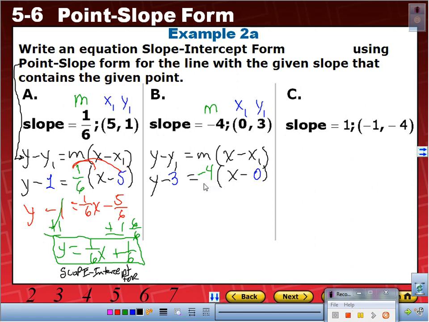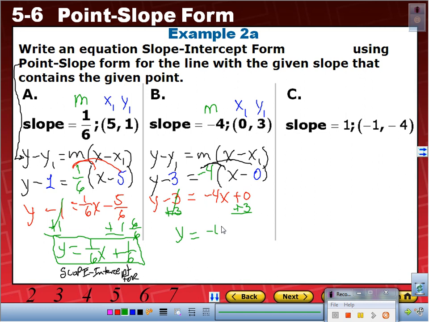Now that we substituted our information, we solve for y. Let's distribute that negative 4 into each term. So negative 4 times x is negative 4x. Negative 4 times 0, that's what? 0. 0 plus 0 equals. Bring down the y minus 3. Are we done solving for y? No, we need to add 3 to each side.